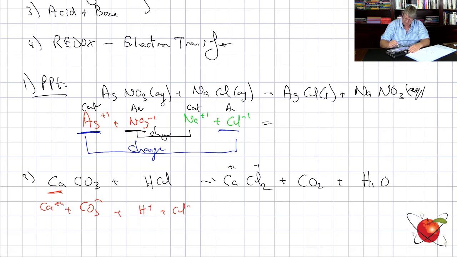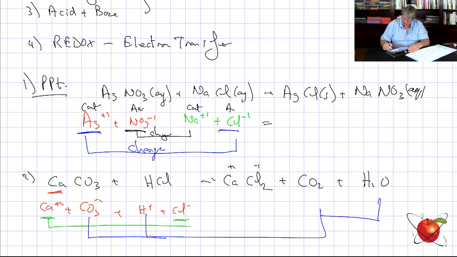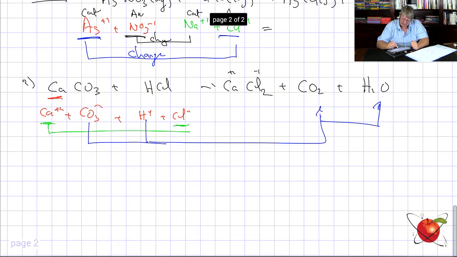And what happened? We had our transfer. Calcium went to the chloride, and the CO2 and the water came from the other ions, giving us those pieces there. That's a standard reaction that we get.